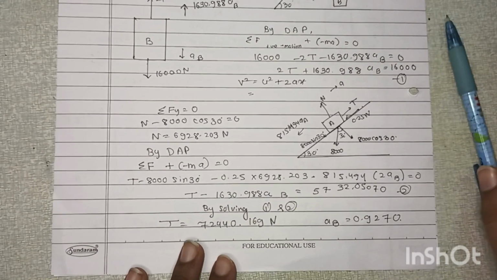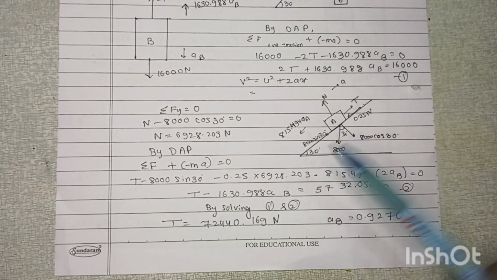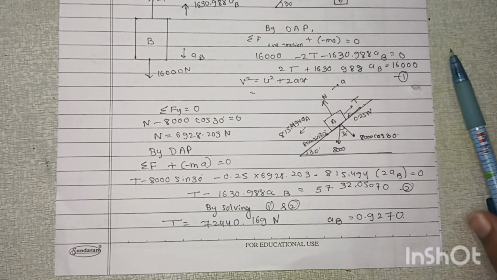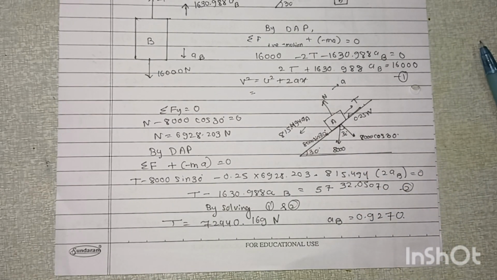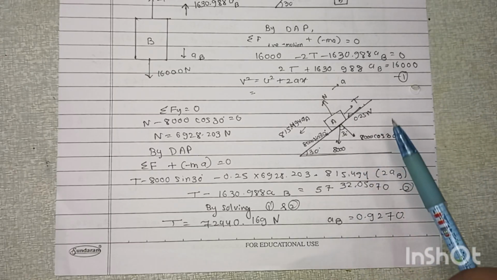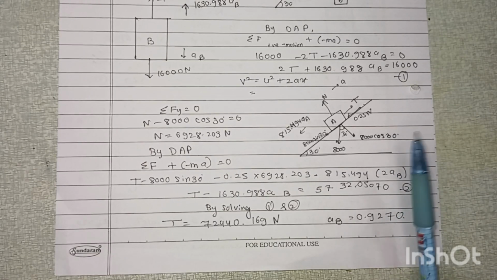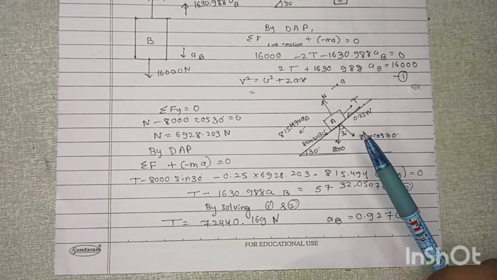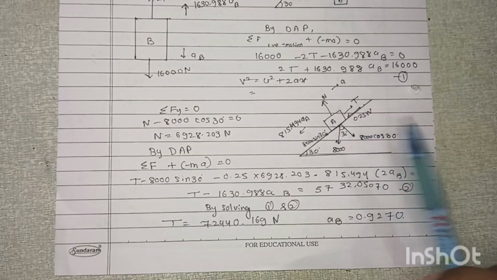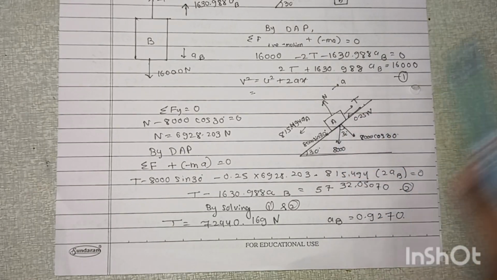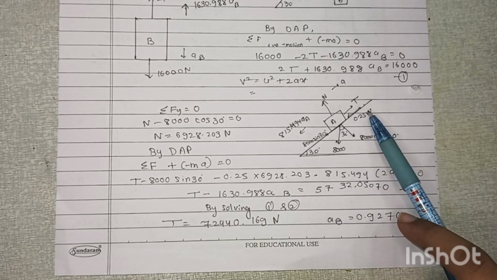Okay. So now for the second, we have drawn the FBD of block A, in which the normal reaction is perpendicular to the inclined base, and your friction force, and your tension. Your tension is in the upward direction, and friction, if the body is moving in the upward direction, so acceleration is in the downward direction.